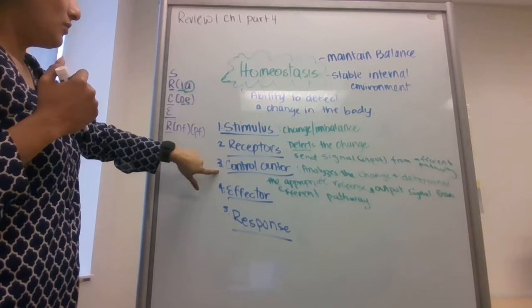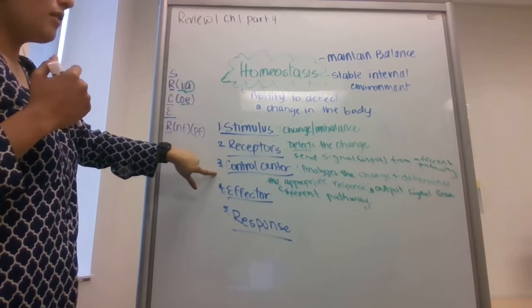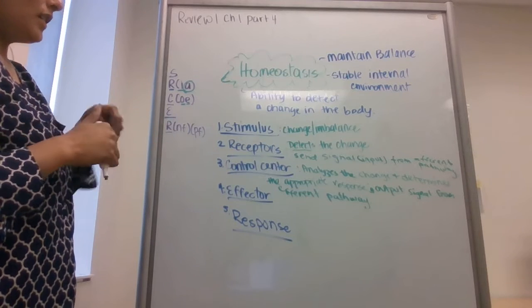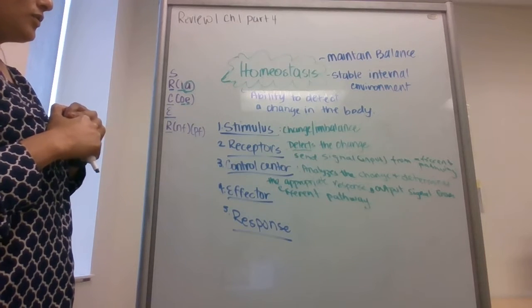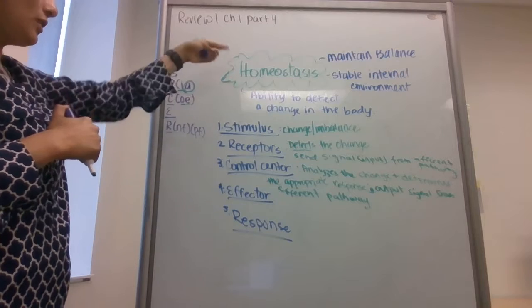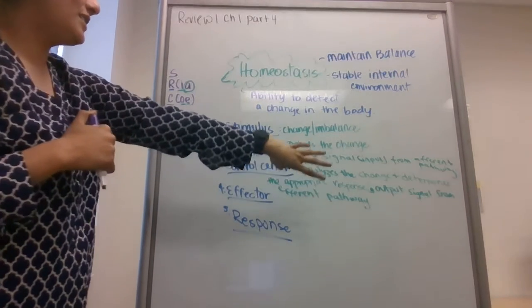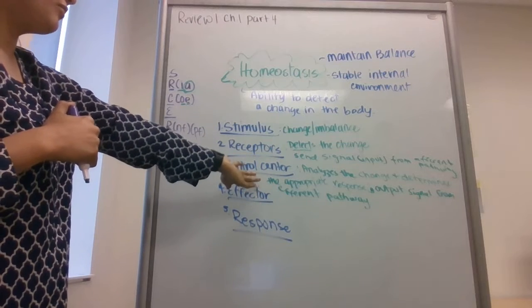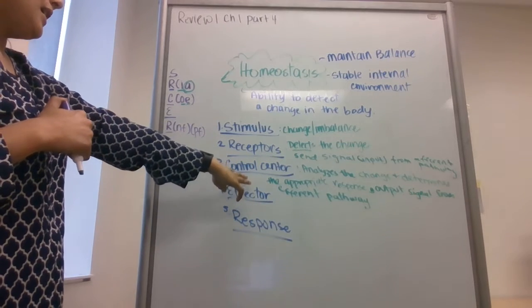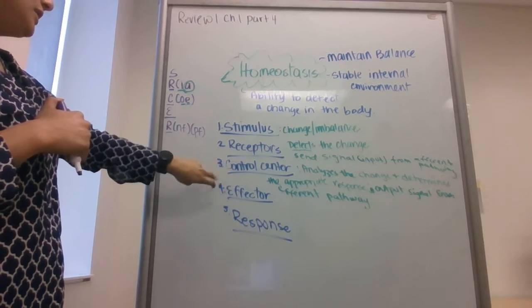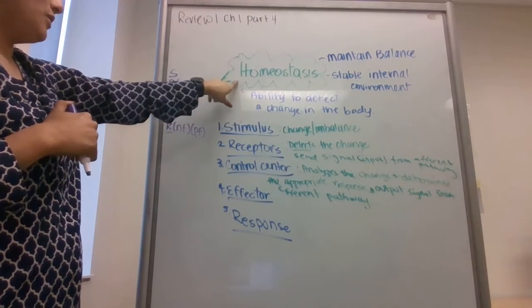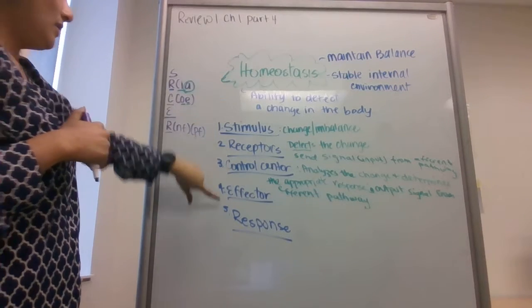Now let me find who's the closest cop near that street, and let me tell them to go to the house. So the control center analyzes the change and determines the appropriate response. They find out which particular police officer is closest to the house and should go there.